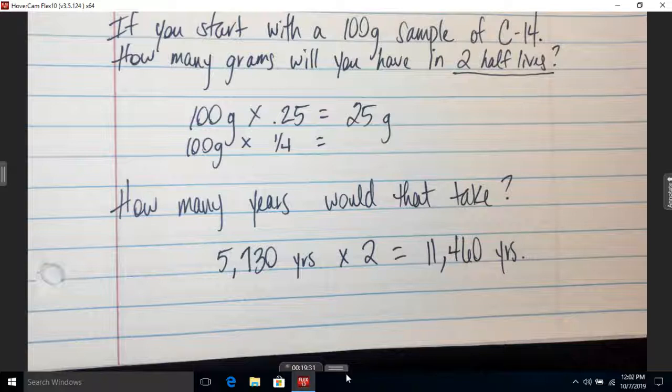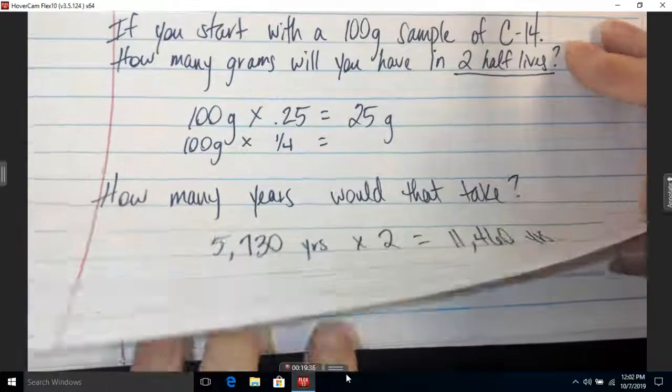I don't know why you got confused. Your answer, you were correct though. So, watch. This is the same exact thing that we just did, but it's worded differently.